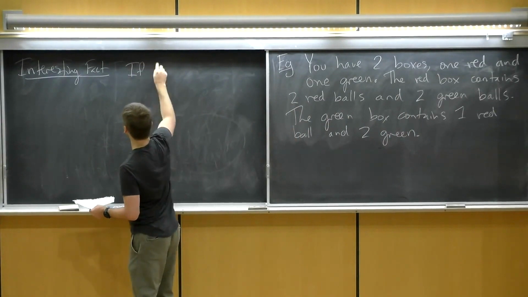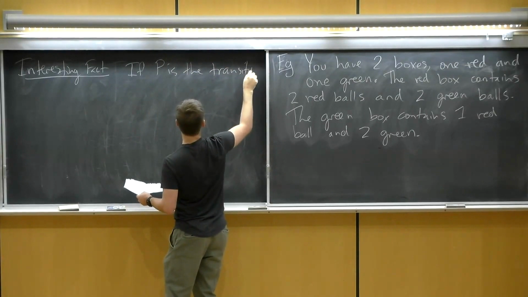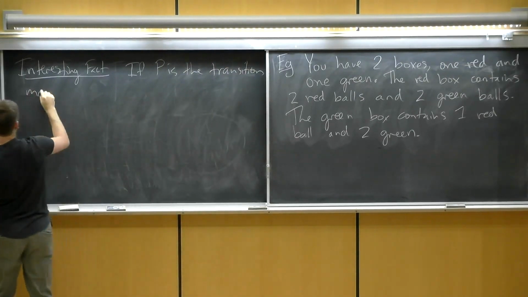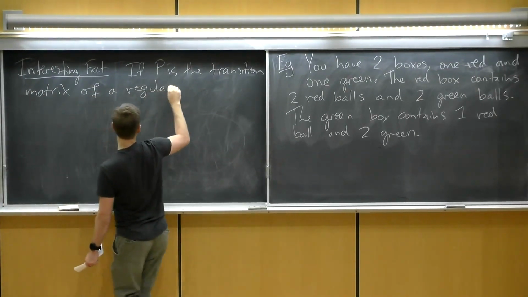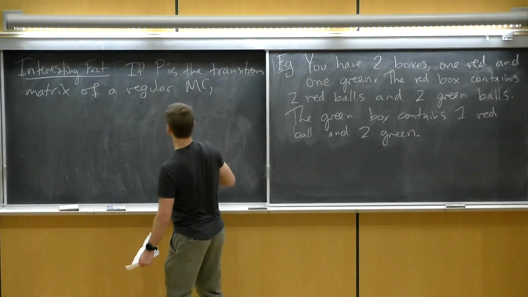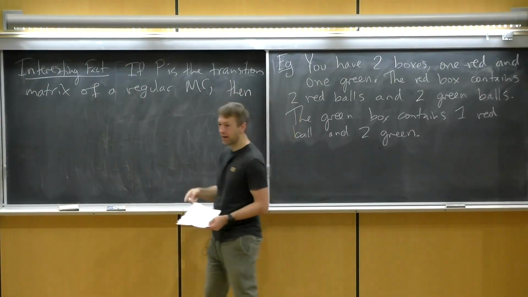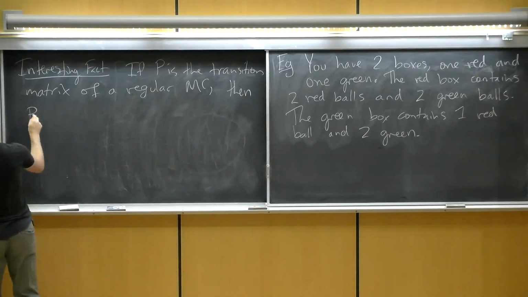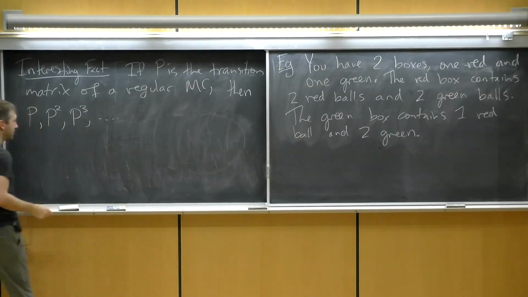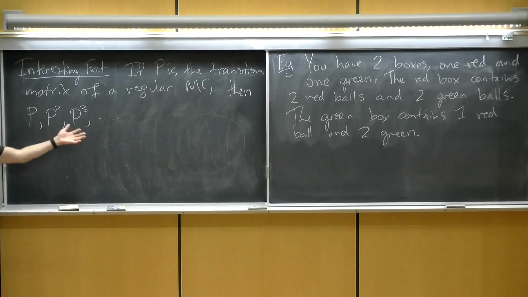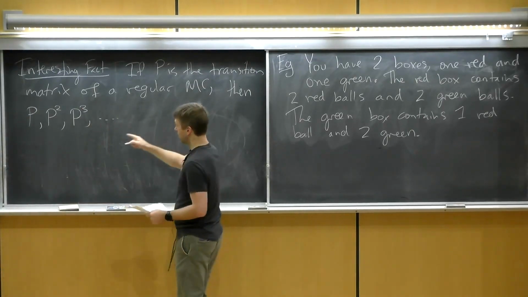So if P is the transition matrix of a regular Markov chain, then if I keep taking powers, like P, then P squared, P cubed, dot, dot, dot, so imagine we take powers forever.